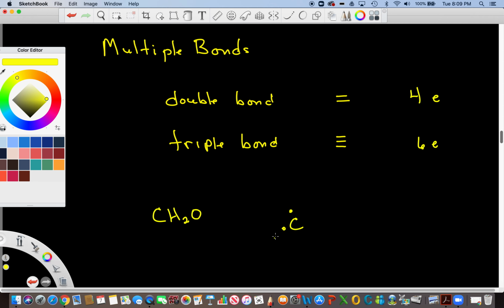Well, I'm just going to put my hydrogen here. And then there's going to be 2 bonds for my formaldehyde.